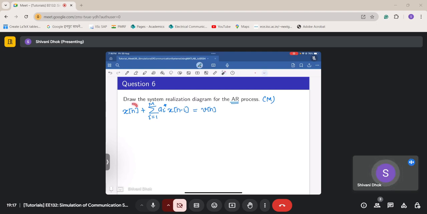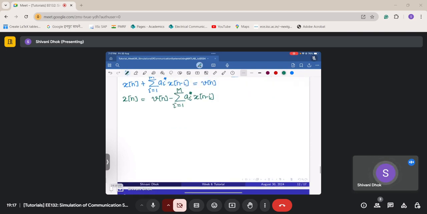So basically the current instant is your nth instant and all of these are your past outputs, and this we know. Basically we want to obtain x of n as a linear combination of your innovation component and all the past outputs fed back to the input.